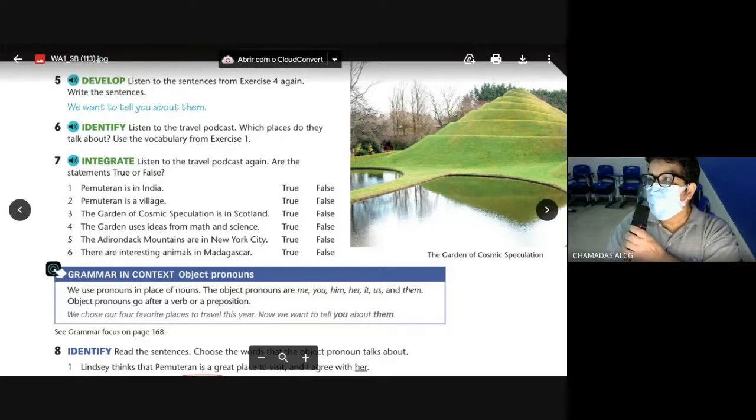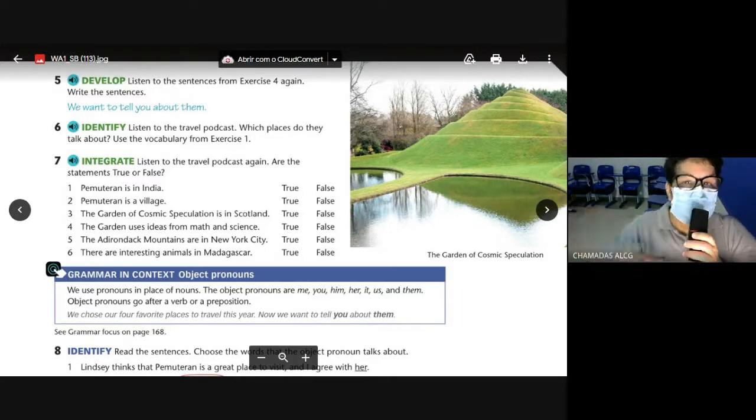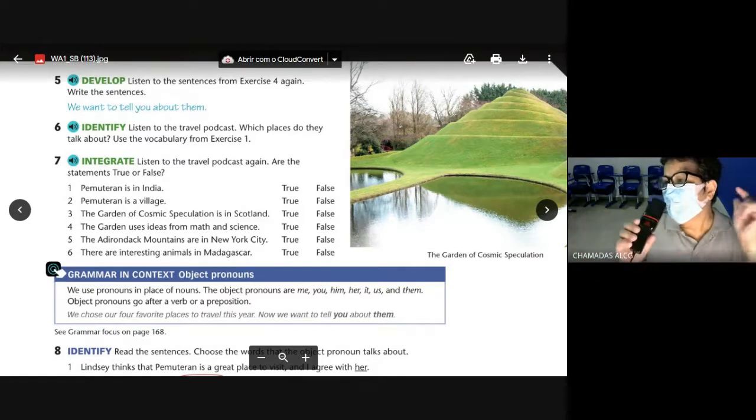Okay, let me try to open it up for you just a second. When we have the book, it's easier because we just flip the page, right? But here we have to get the PDF file.